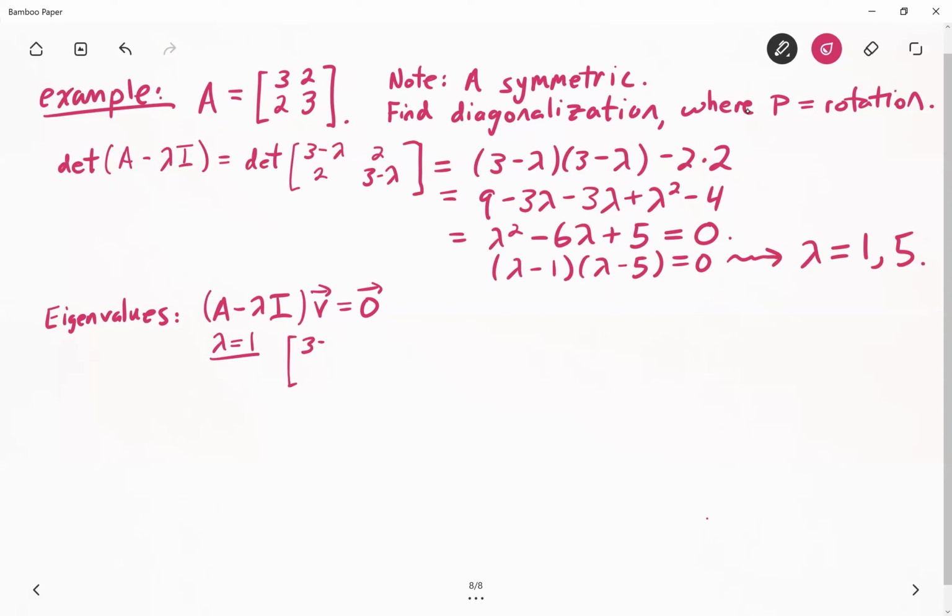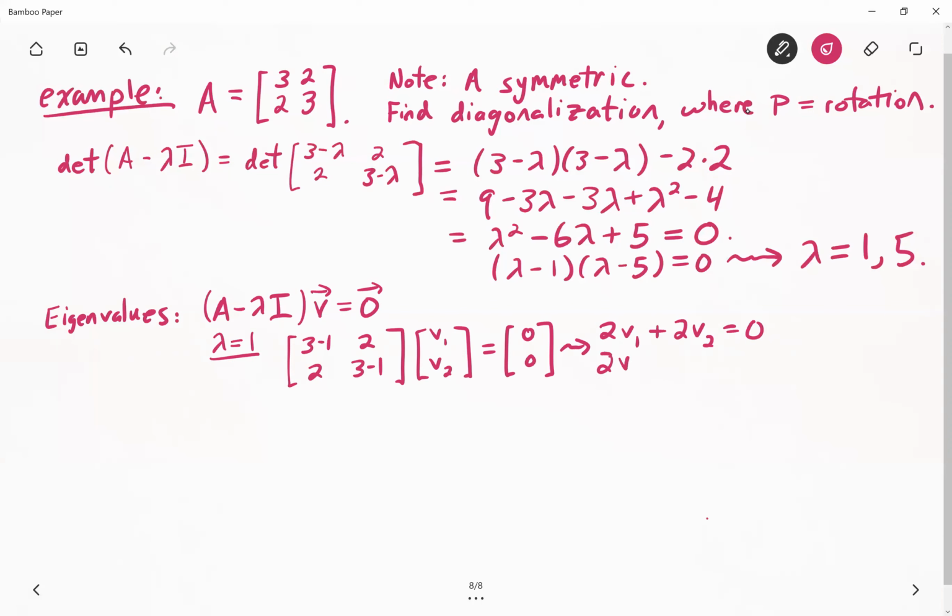So we'll have 3 minus 1, 2, 2, and 3 minus 1 times the vector v1, v2 is equal to the 0 vector. This turns into a nice system of equations. 2v1 plus 2v2 equals 0, and 2v1 plus 2v2 equals 0. So the easy solution is v1 equals 1, v2 equals 1, and that gives us the eigenvector of 1, 1.